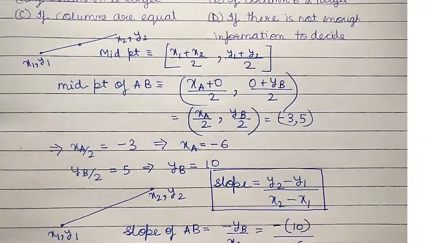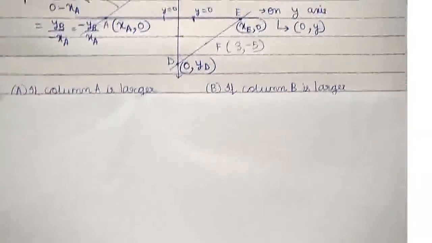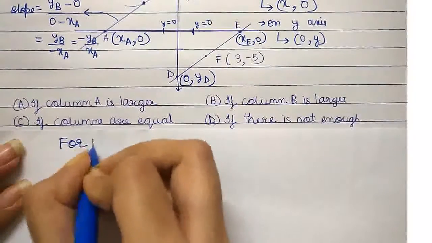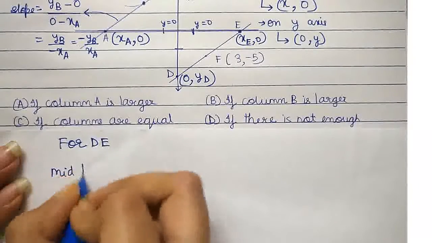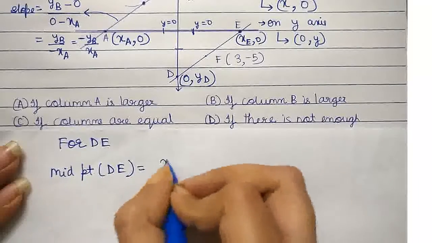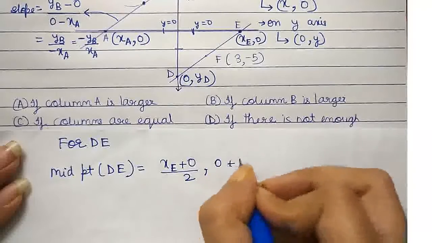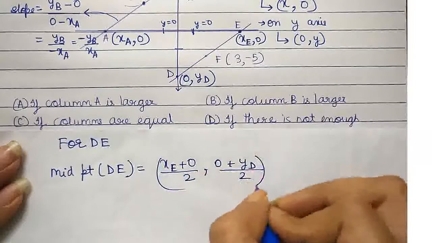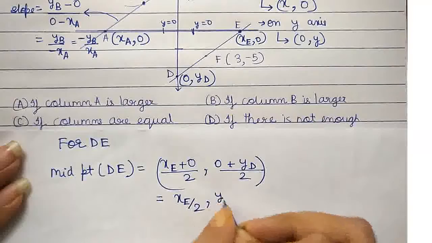Now similarly we will do a similar calculation for the line DE. Using the midpoint theorem, the midpoint of DE should be equal to (xe plus 0) divided by 2, (0 plus yd) divided by 2, which ultimately equals xe by 2, yd by 2.